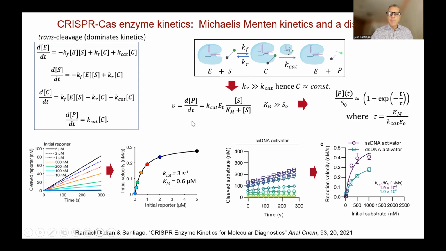The way you typically determine and measure these kinetic rates is you perform a series of kinetic measurements at different substrate concentrations, here the reporter substrate. You take the maximum reaction velocities from each of those, you create this Michaelis-Menten curve, and you do a nonlinear fitting of this to extract kcat and Km. These are the kinetic rate parameters of the system.